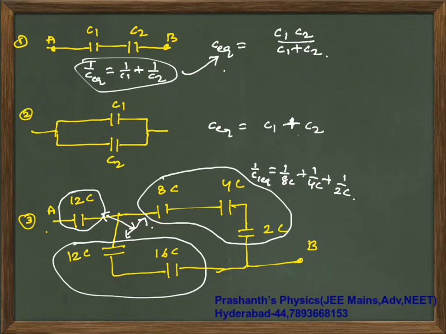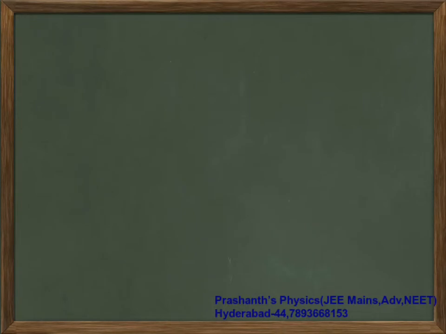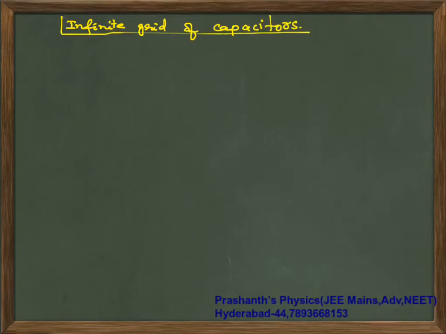Now coming to the next scenario. Similarly to resistors, here also you will have an infinite grid of capacitors, that means very many capacitors are connected. Here also the same logic applies: the sum of n terms you can replace with n into n plus 1 by 2.